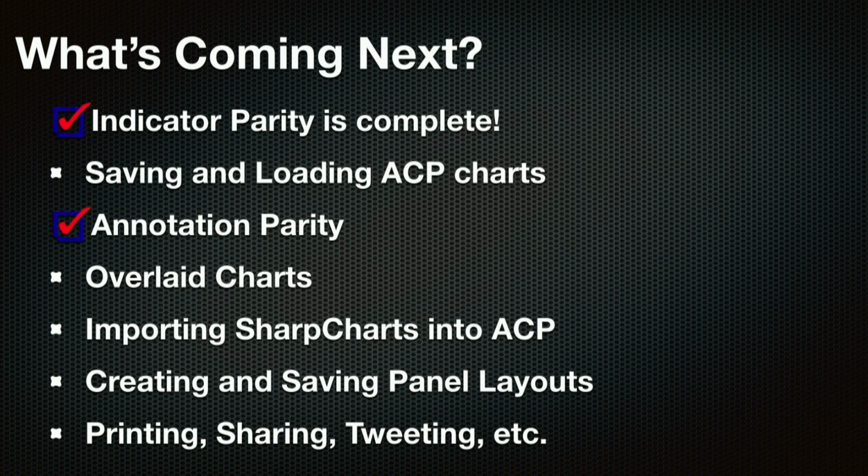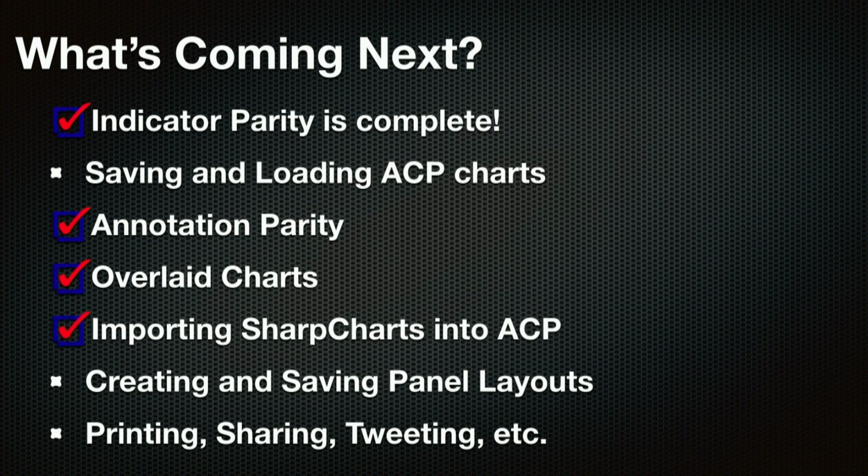Annotations, all the annotations in SharpCharts are now available in ACP. Overlaid charts, we just recently added that, the ability to take one stock and put it on top of another, that's now available. Importing SharpCharts into ACP, I just demonstrated that. So you can view your saved SharpCharts inside of ACP very easily. Those are the things that we've currently done, along with a ton of other stuff.